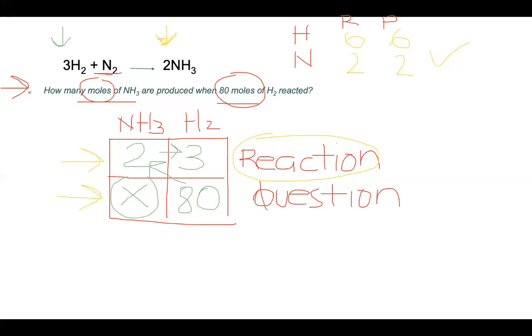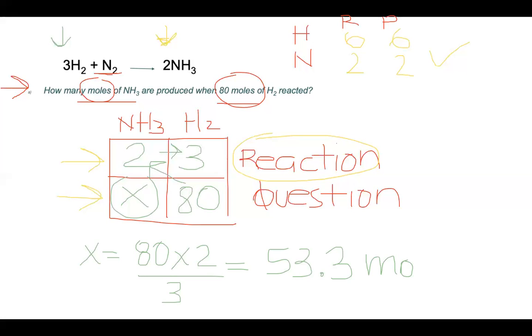So X is equal to 80 times 2 divided by 3. If I solve it, I get as my answer 53.3 moles of NH3. And this is the answer to my question.